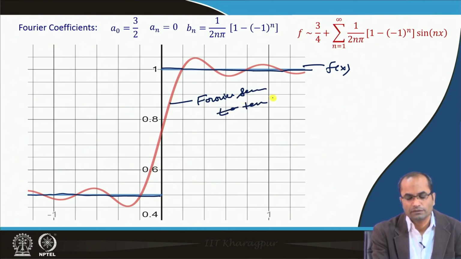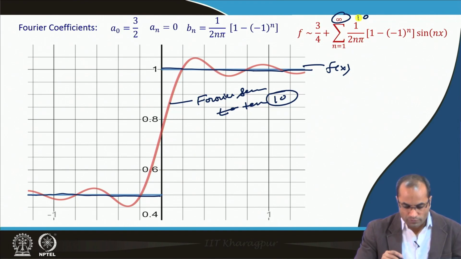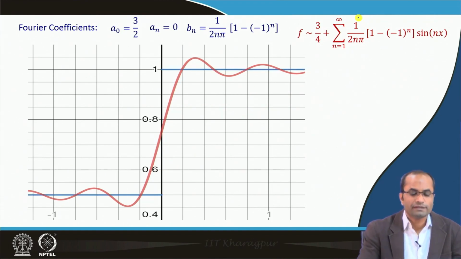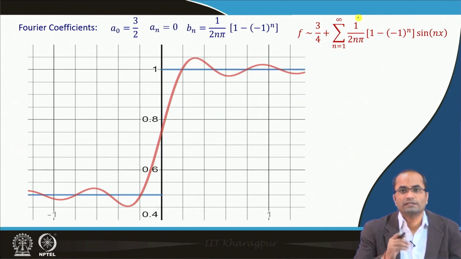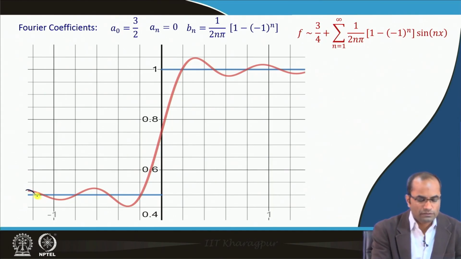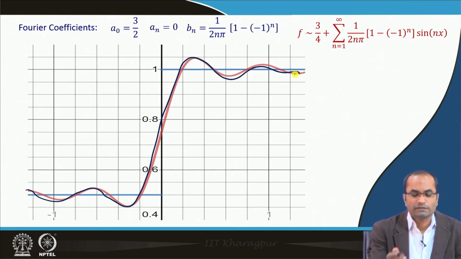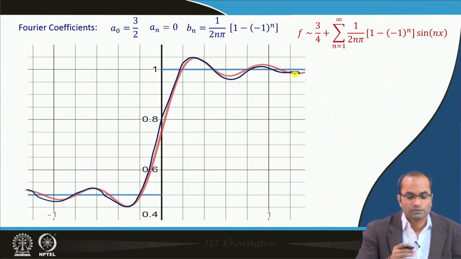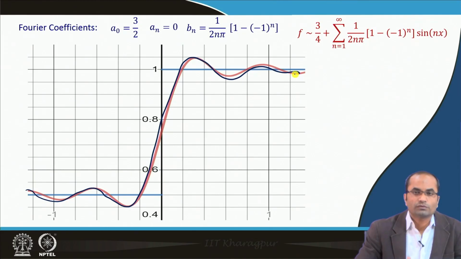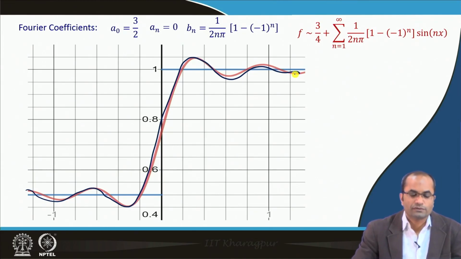Instead of infinity we have taken, for instance, 10 terms, and you can see that because we have taken only 10 terms, the approximation is not very good. It is not matching the given function.